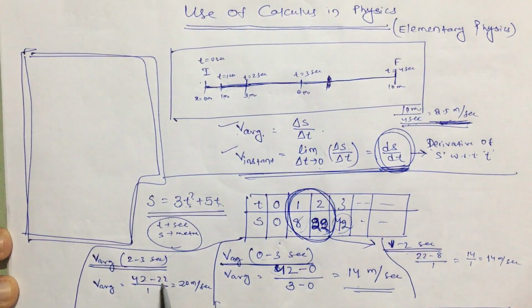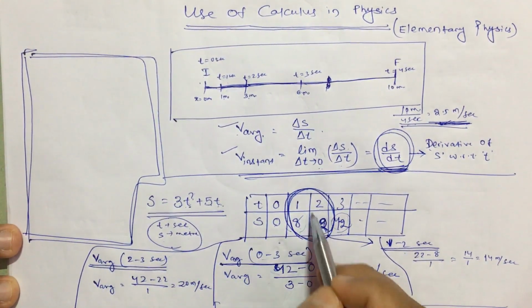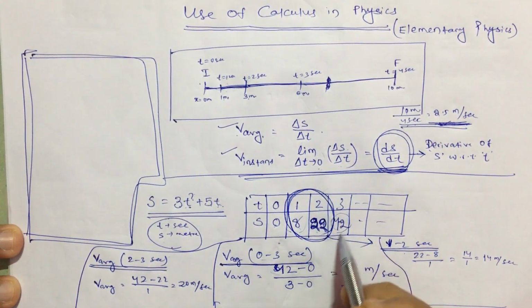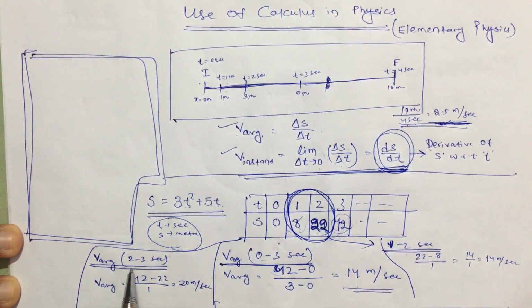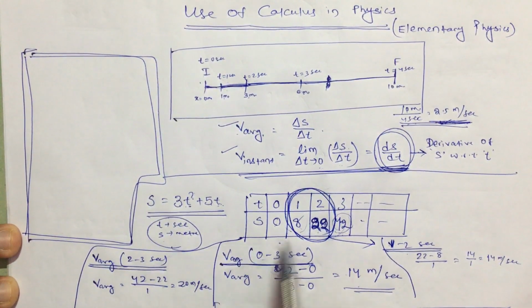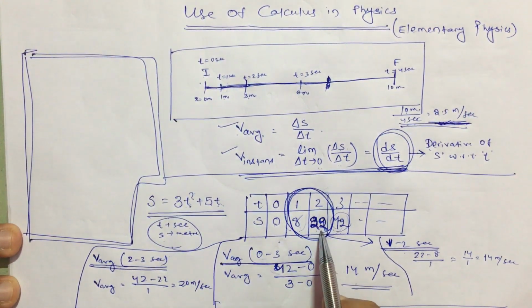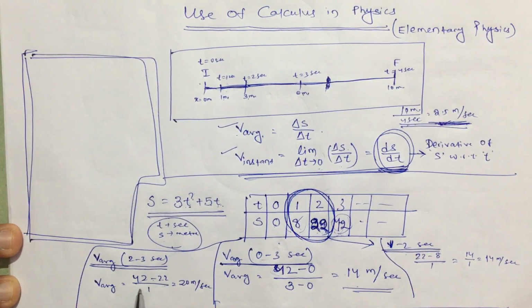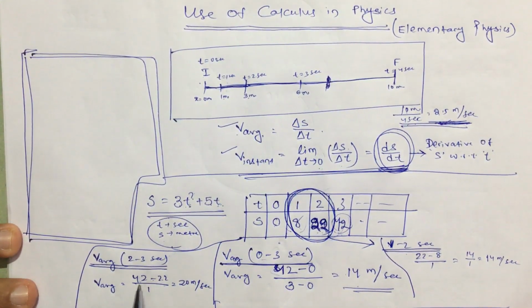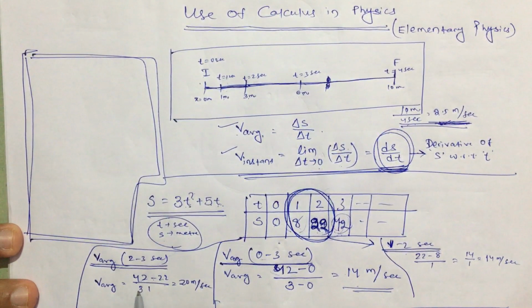Let me prove it. If we find the speed between 2 to 3 seconds, we have to do this. In 2 seconds it was at 22, in 3 seconds it was at 42, so it is 42 minus 22 divided by 3 minus 2.